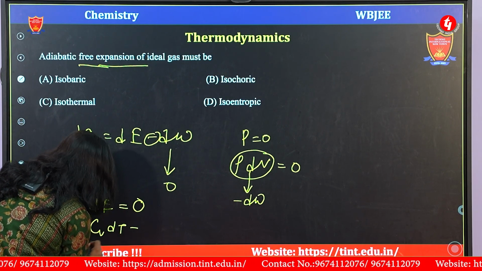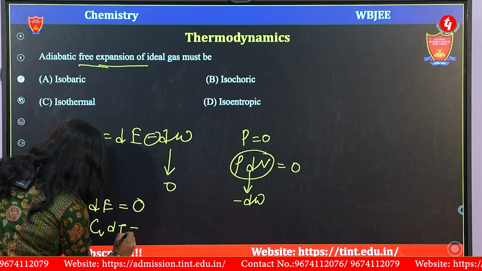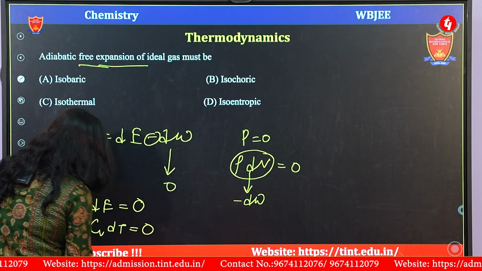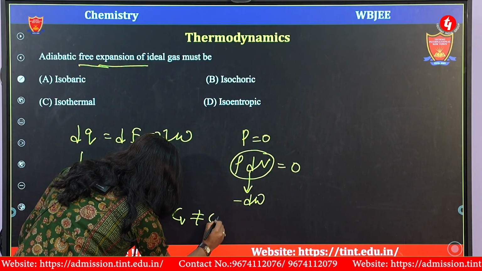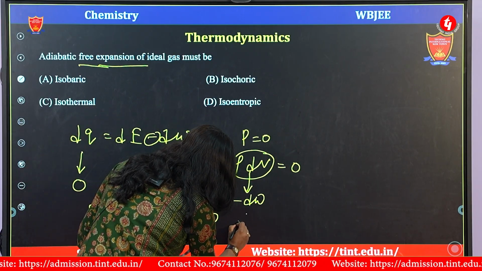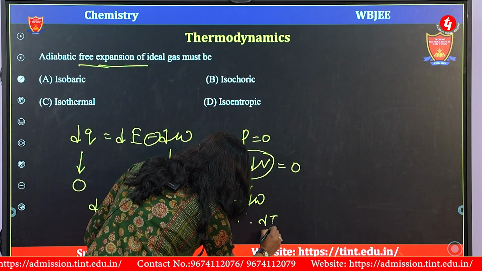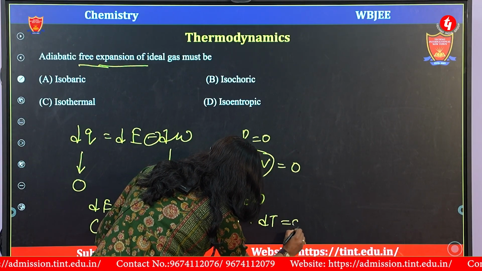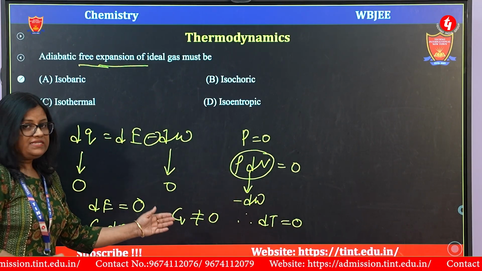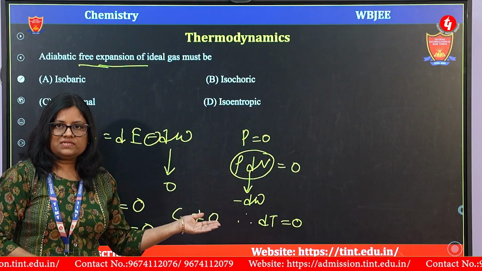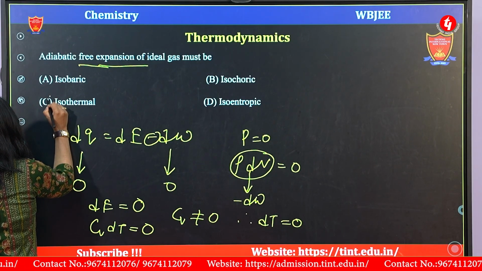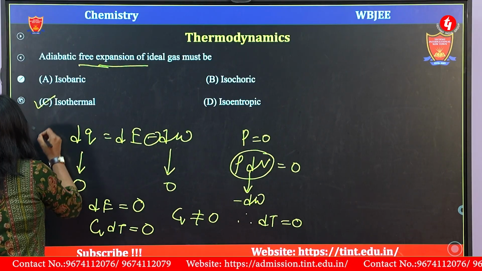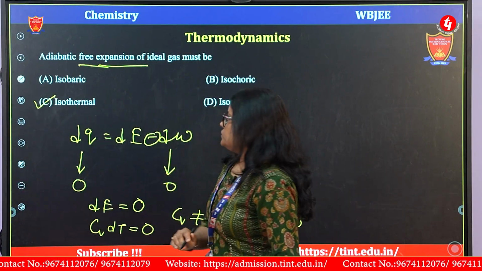You must remember that dE equal to CV dT, which is equal to 0. Now, CV is not equal to 0, therefore, dT is equal to 0. dT 0 means which process is this? This is an isothermal process. So, the process must be isothermal.